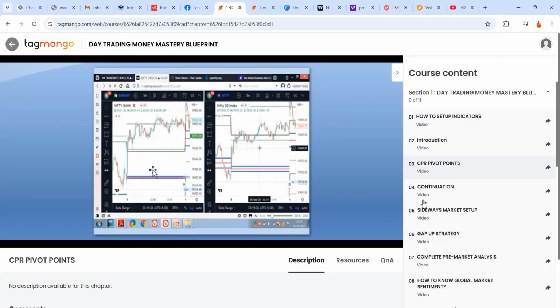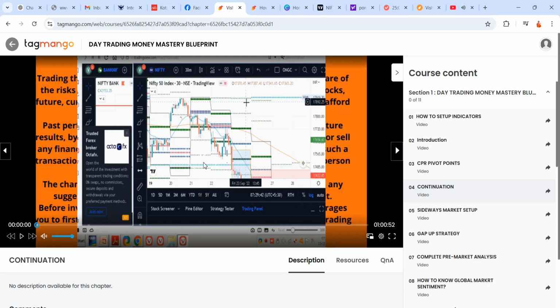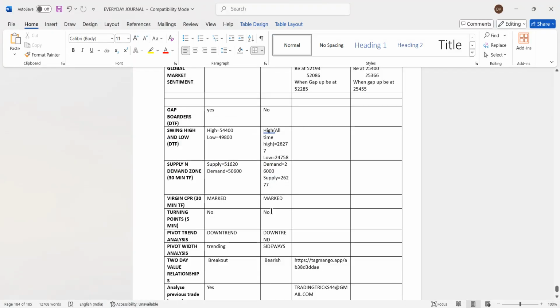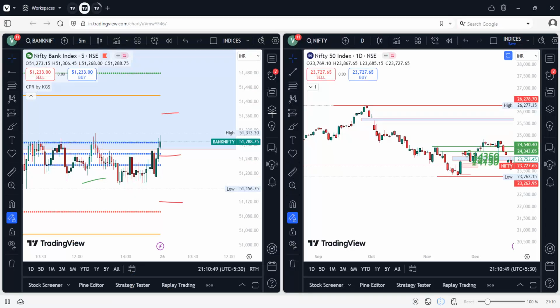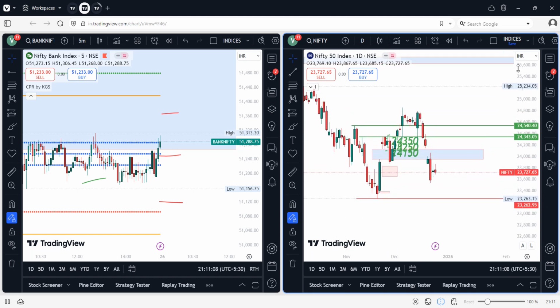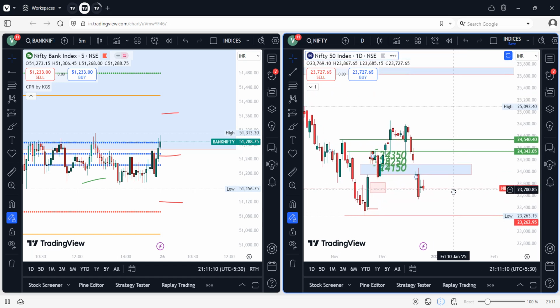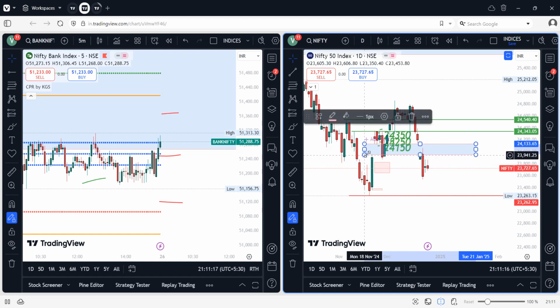First of all, I would like to mark the gap borders. Let's check for the gap borders. Is there any gap border here? Okay, for Nifty, yeah, here there is a small gap border.